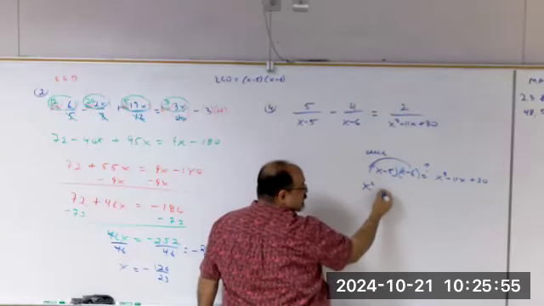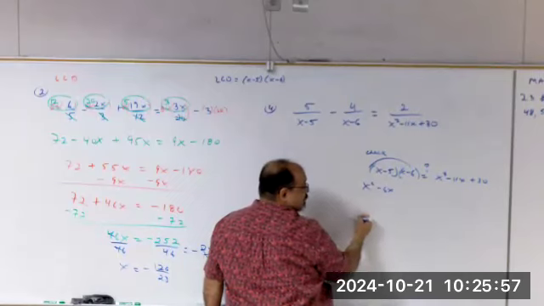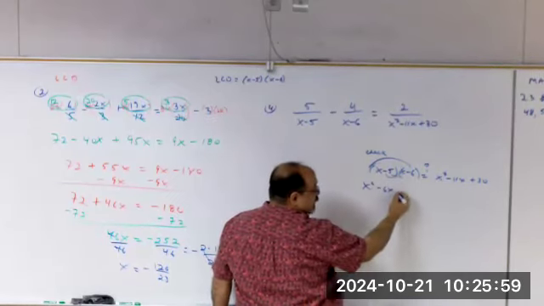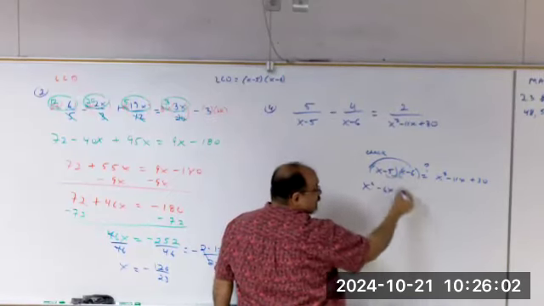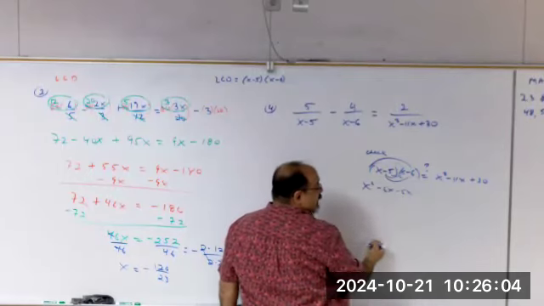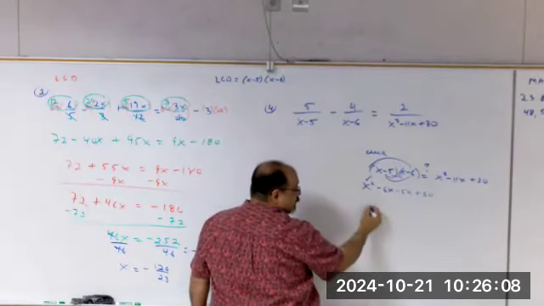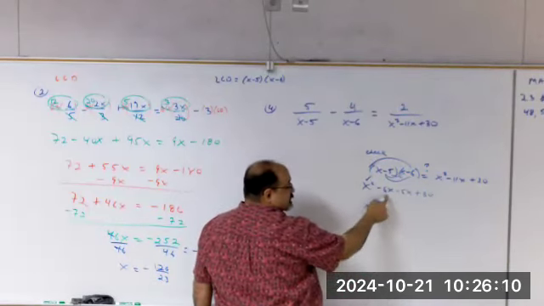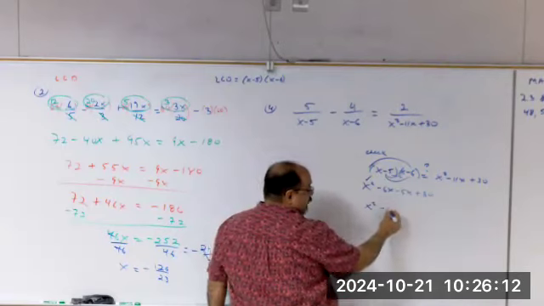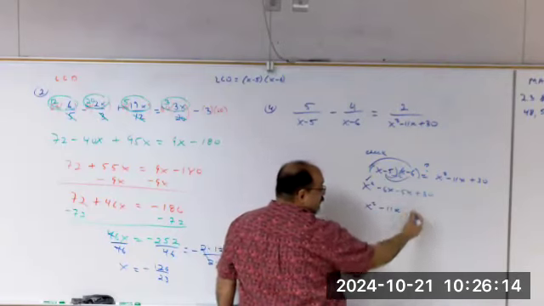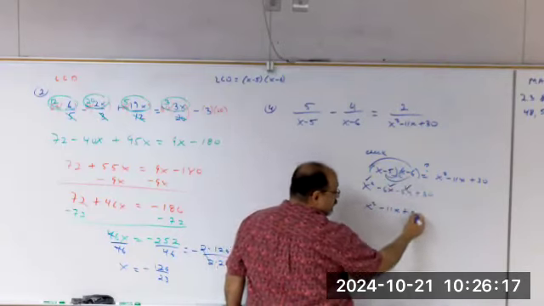X times negative 6 is negative 6x. Negative 5 times x is negative 5x. And negative 5 times negative 6 is positive 30. So we have an x squared, negative 6x minus 5x is negative 11x in the middle, and a positive 30.